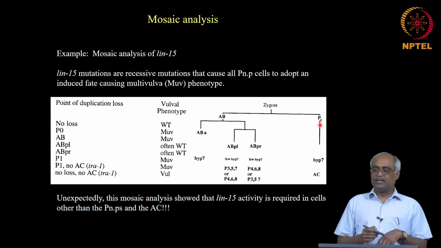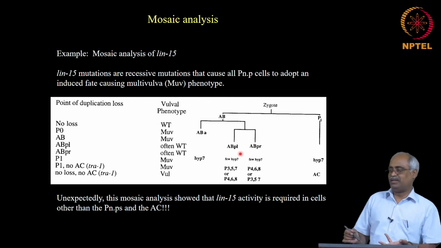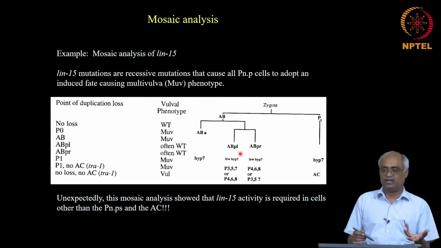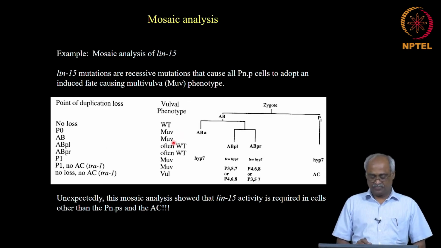Now, we are going to look at another embryo where zygote was normal, P1 nucleolus was normal, but AB had an issue, and all the descendants will be from that AB. AB itself does not have the duplication, so none of the descendants will have it. Now it is multivulva, indicating that its function is required in AB, either AB or one of its descendants.